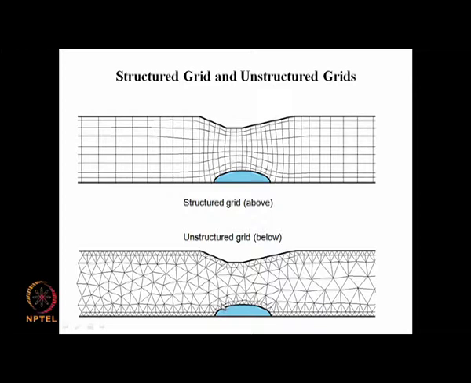As opposed to that we have an unstructured grid. In the case of a structured grid, for example, you have this point here and you have a neighbor here and a neighbor here, and all those neighbors are known. The neighbors are known by the coordinate line on which they appear. For this point here, the immediate right neighbor is at the next coordinate line in this direction, and the immediate top neighbor is in the next coordinate line in the j direction.